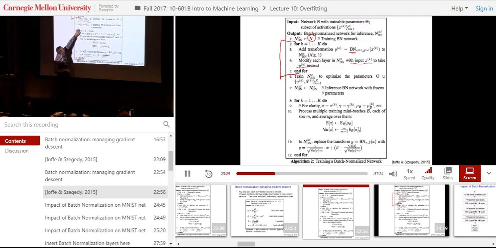And now when you're done, you want to make the network with frozen parameters so that you can classify new examples, do inference.